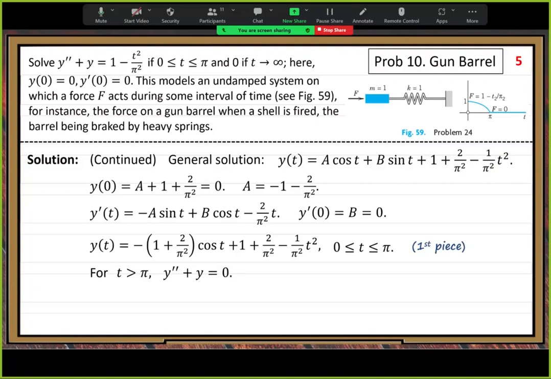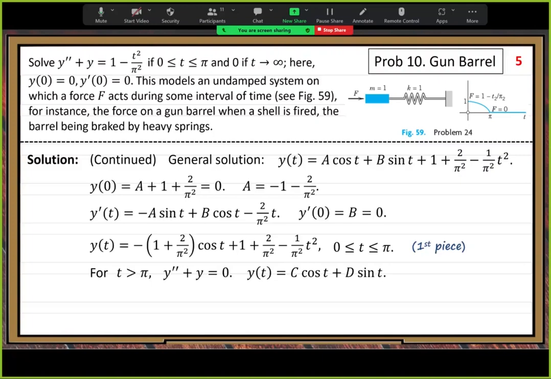So we solve this equation. It's simple, right? The general solution has undetermined constants C and D: C cosine t and D sine t. But we need to find C and D to complete the solution. Now, question: how to determine C and D?